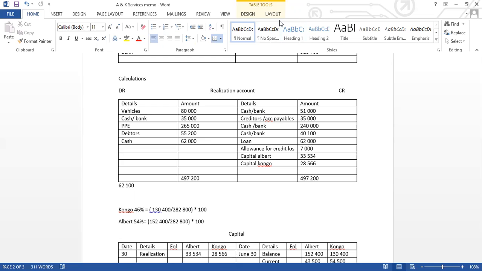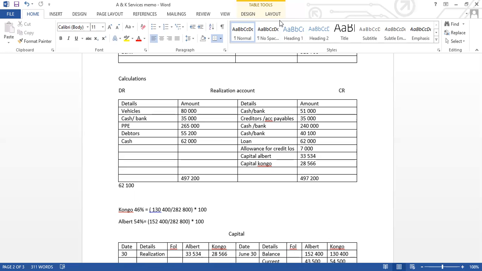So if you feel like you have enough time, and you also feel like if you don't draw up your realization account and your capital account, you might get confused or you might miss out some journal entries, then you can draw up your realization and your capital account. But if you're good with journal entries and you feel like you won't miss out any journal entry, then you just go straight to your general journal.